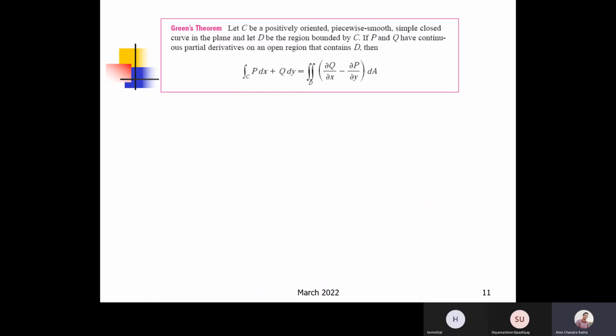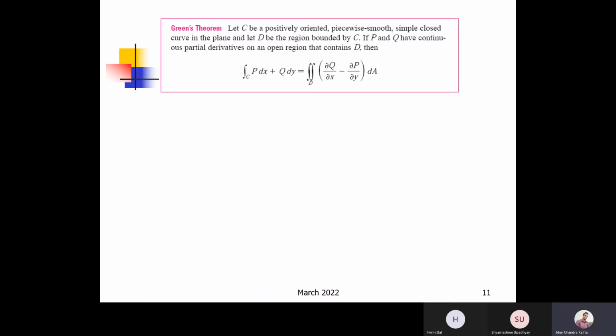And let D be the region bounded by C. And if P and Q have continuous partial derivatives on an open region that contains D, so basically D is a part of an open region, okay, fine. Then you see what happens. The line integral of P dx plus Q dy along the curve C becomes what?